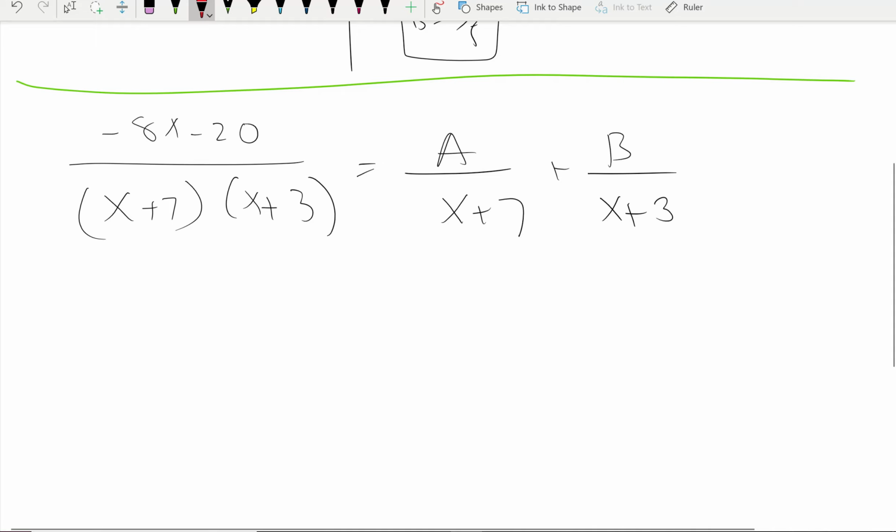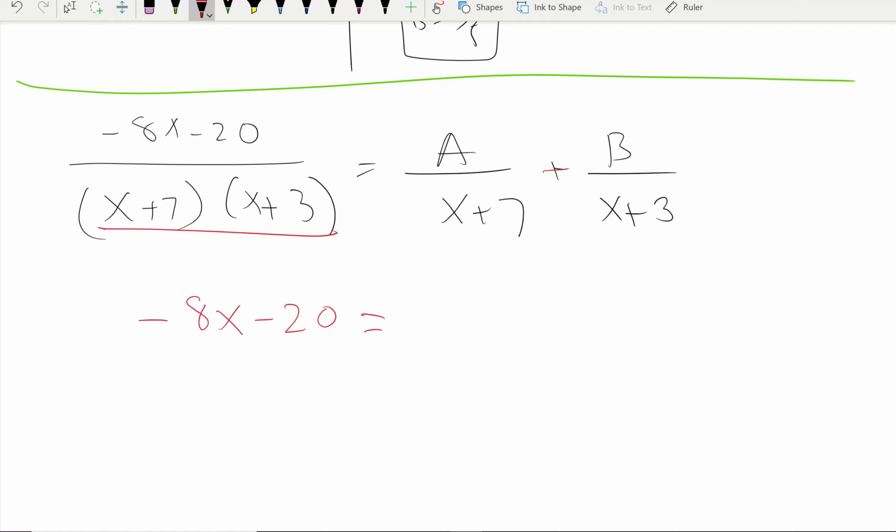Don't skip out of the video right now, because the third example is special, so be with me. Here's what I'm going to do: multiply everything by this big denominator. On the left-hand side, I will have minus 8x minus 20. You don't have to show that step if you understand it. Guess what you're going to have here?